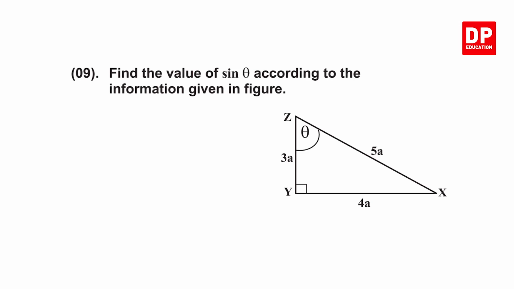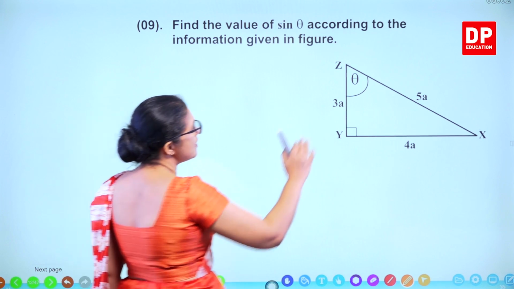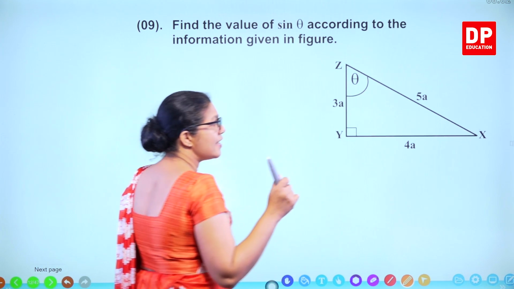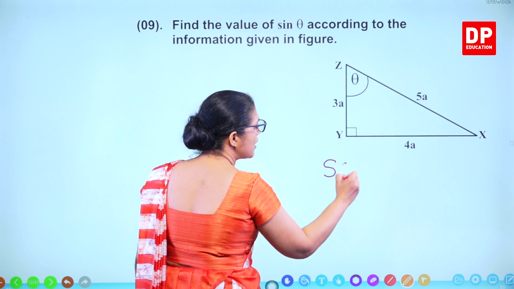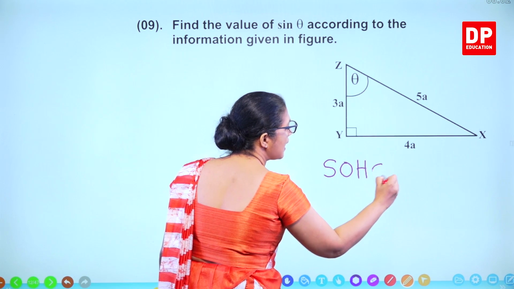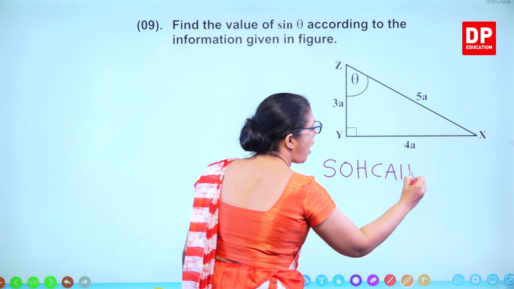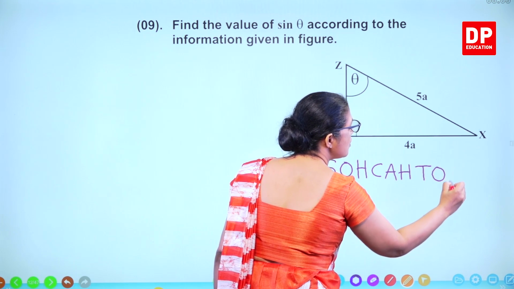Question number 9. Find the value of sine theta according to the information given in the figure. So this is theta. So sine. Can you remember SOHCAHTOA? You need to know SOHCAHTOA. It's easy to remember.